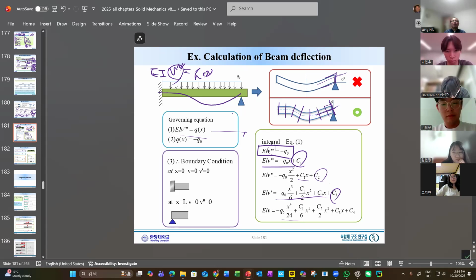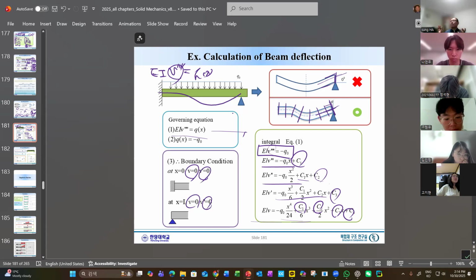And then one, two, the integration, how many? One, two, three, four. These four integration constants will be obtained from these four boundary conditions. One, two, three, four. That's mathematically very much straightforward and simple procedures. Okay?